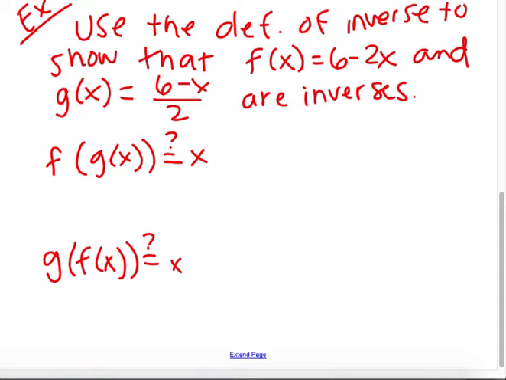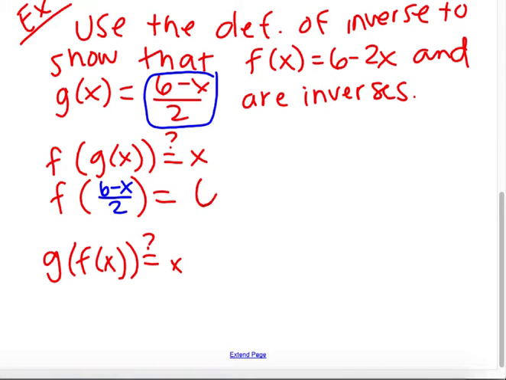First of all, f of g of x means we are plugging in what g of x is for x in our f equation, so 6 minus x over 2 goes in place of x. So I'd have 6 minus 2 times 6 minus x over 2. Make sure you use your order of operations and do everything algebraically correct.